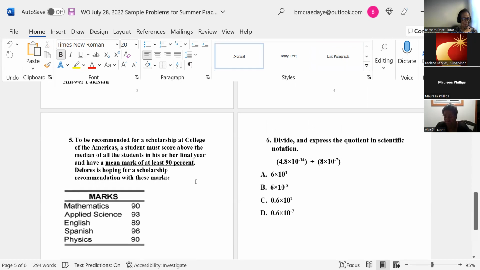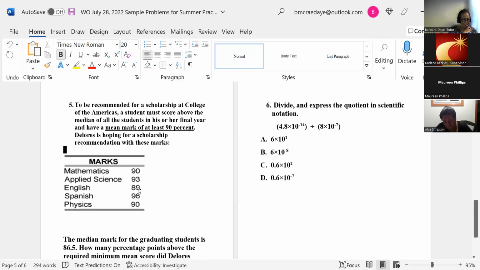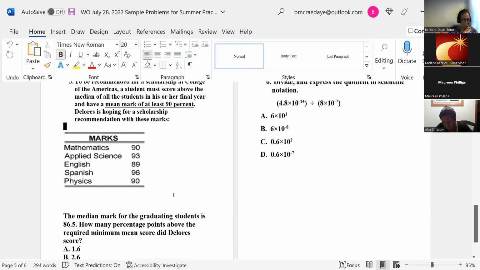Okay. Maureen, can you read it? To be recommended for a scholarship at college of the American, a student must score above the median of all the students in his or her final year and have a mean mark of at least 90%. Dolores is hoping for a scholarship recommended with those marks, which is mathematics 90, applied science 93, English 89, Spanish 96, physics 90%.